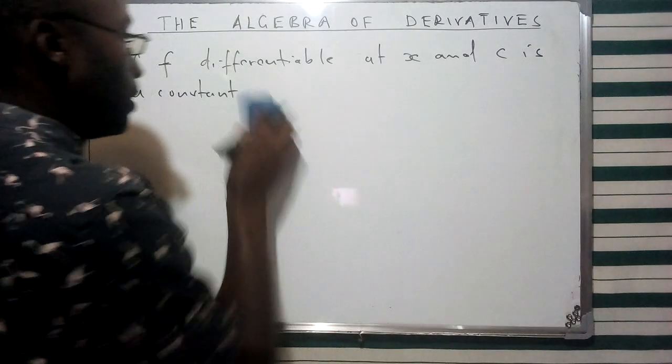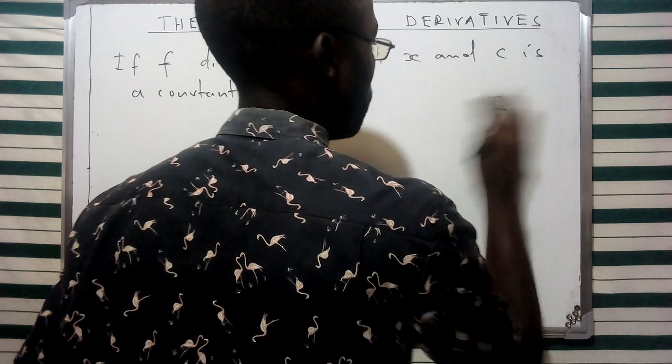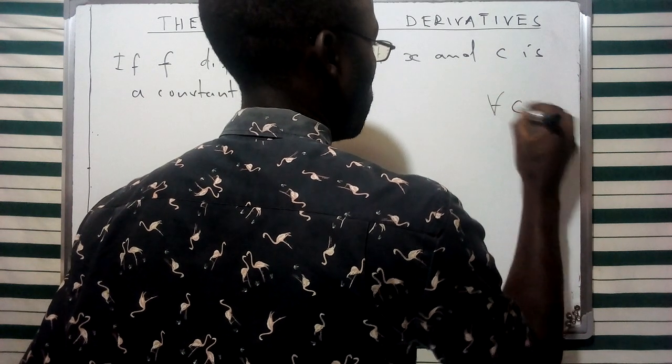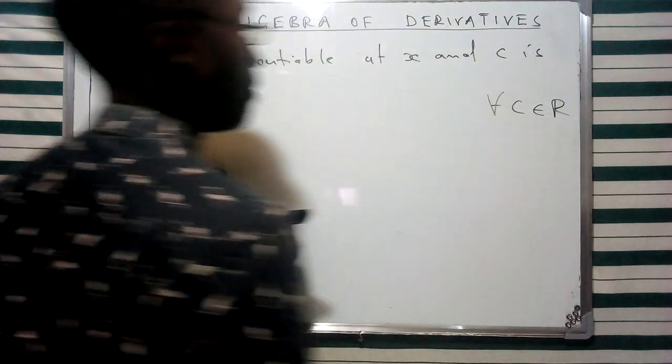So c is a constant, and c is going to form a set of real numbers, whereby for all values of c, it's going to be a set of real numbers given as such.